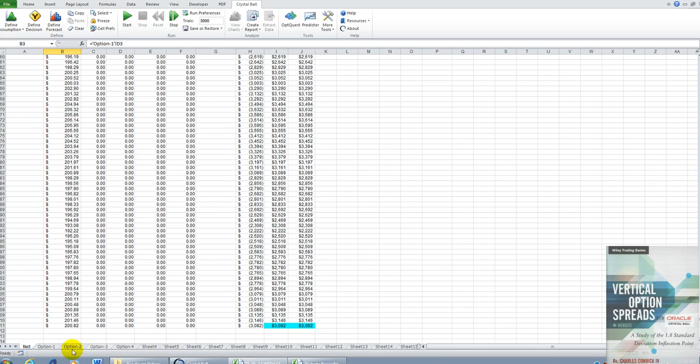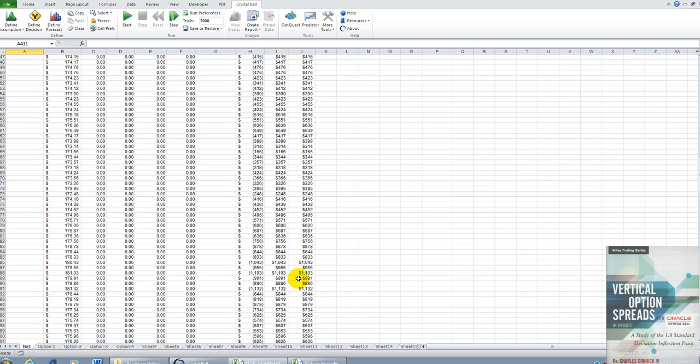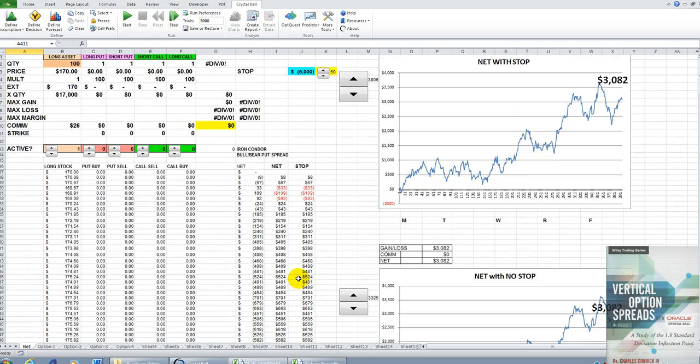If you look at the very bottom here, where I'm reverse highlighting, the stock would have gone up to $200.82 per share, which would give us a net of, what is that? That's 30 some odd dollars a share times 100. Yeah, that would be $3,000.